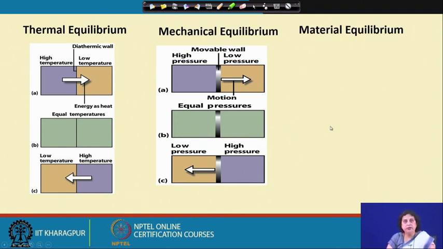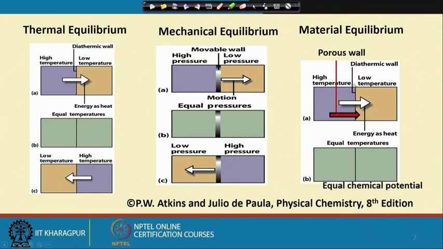The other scenario is generally known as material equilibrium, or equilibrium with respect to matter flow. If I have a porous wall which is diathermal in nature as well, and if this system is maintained at a high temperature and the surrounding at a lower temperature, then there will be transfer of heat from the higher temperature to lower temperature till the system and the surrounding acquire equal temperatures.